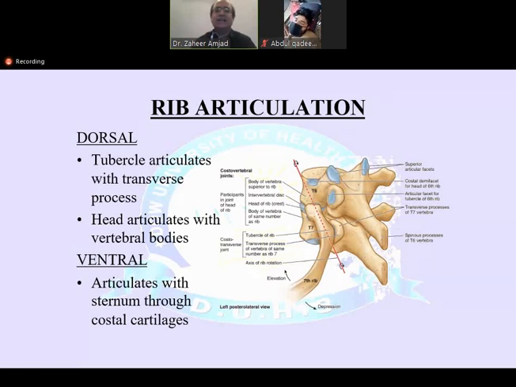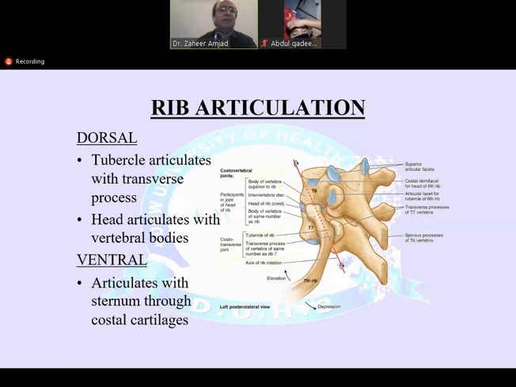The second joint, which the tubercle makes with the transverse process, is the costotransverse joint. This is also a synovial joint, right? So these are the two joints which form rib articulations posteriorly.